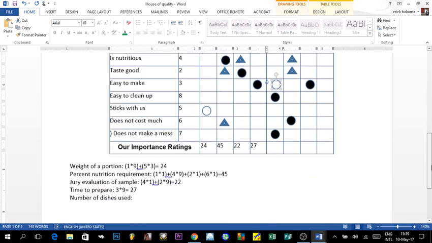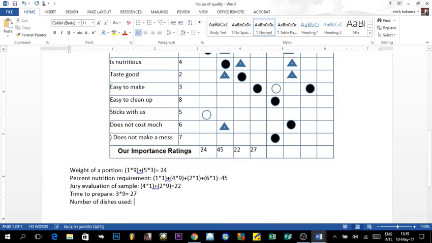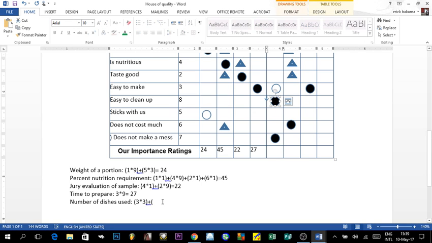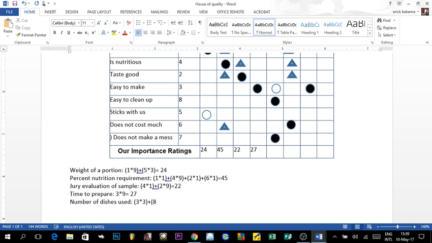So we have now 3 and 1, so we'll have 3 times 3 plus we open our bracket, and the second part here is 8 times 9, close our bracket, plus we have 3 times 3 here, 8 times 9, and then we have 7 times 9, and we close our bracket.